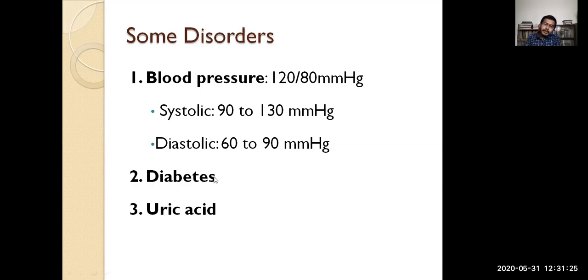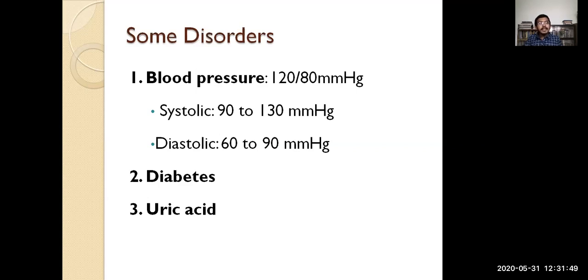On moving to diabetes, this diabetes is a condition where there is increased level of glucose in our blood. If we include a high amount of carbohydrates in our diet, then for a transient period of time the blood glucose level might increase, but that is not called diabetes. It is a physiological condition, it's a normal condition.